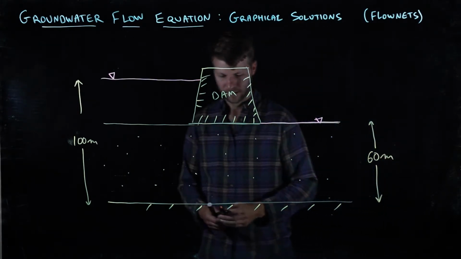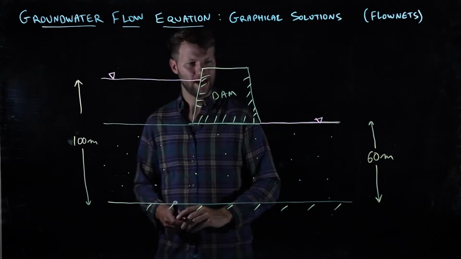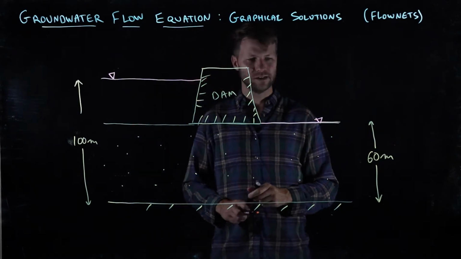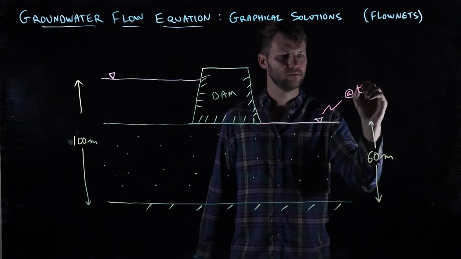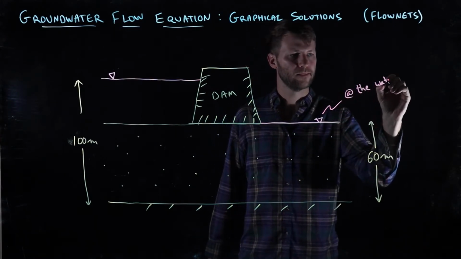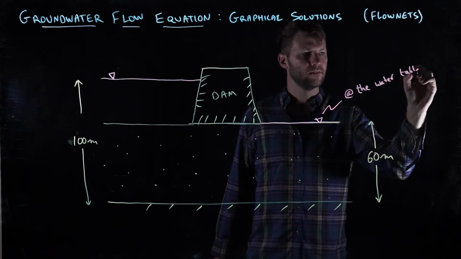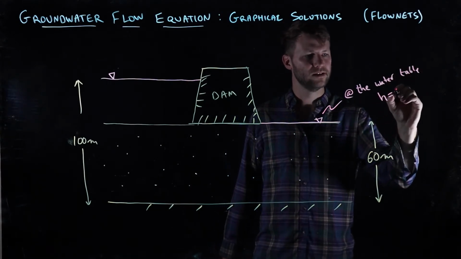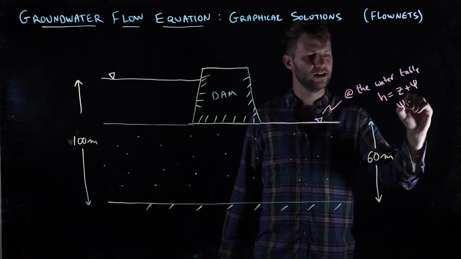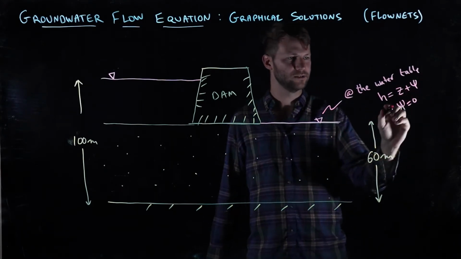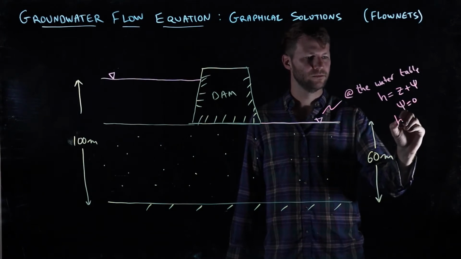Okay. We know that at this water table and at this water table, the head is the elevation head plus the pressure head. We know the pressure head, if we're using gauge pressure, is atmospheric and therefore 0.